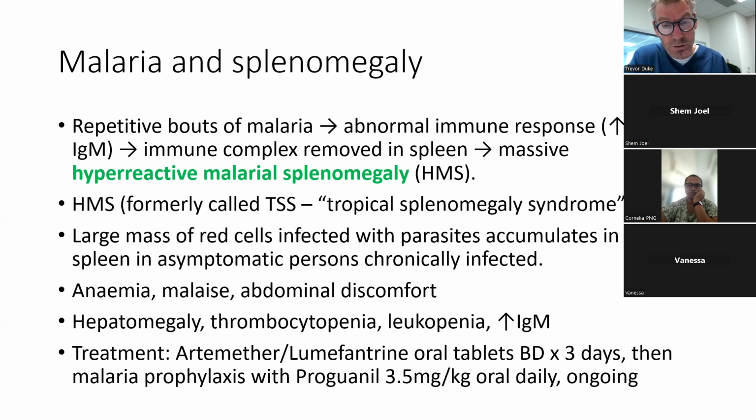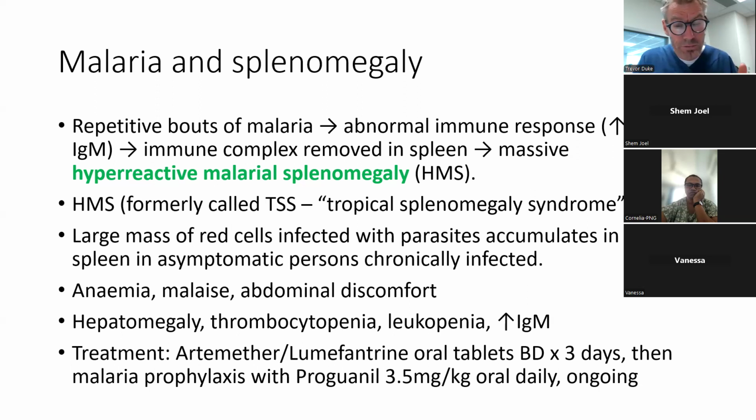Because the spleen enlarges so much, there's also another reason for its enlargement, which is that you've got a lot of infected red cells. Remember I said if you've got an abnormal shape of the red cell, then they will have trouble getting back through those vascular sinusoids into the endothelium that lead to the splenic veins and back into the circulation.